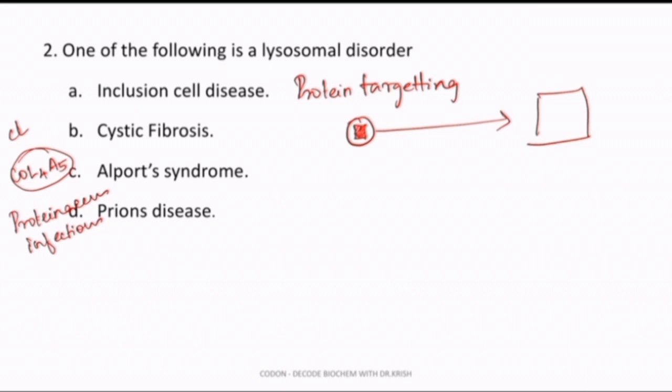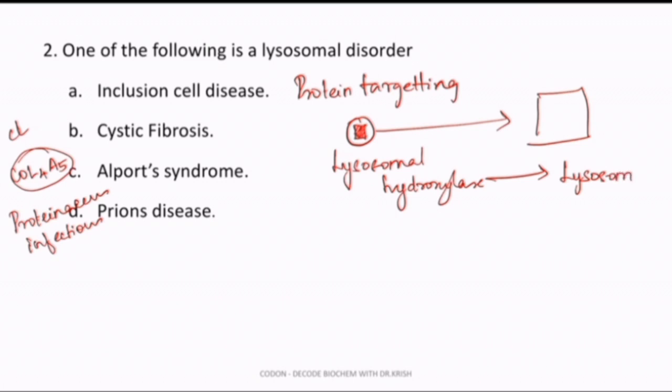So that way, for lysosomal hydroxylases, where should it reach? It should reach the lysosomes. So for this to reach the lysosomes, you need a stamp, and that stamp is called mannose 6-phosphate. So what is the defect here? Mannose 6-phosphate is not added on lysosomal hydroxylases. So the lysosomal hydroxylases do not reach their target organelle, lysosomes.